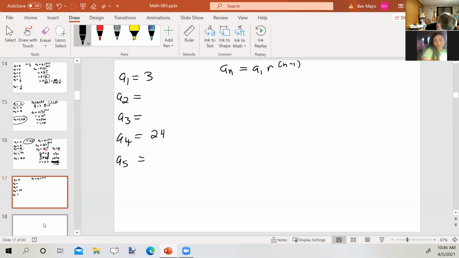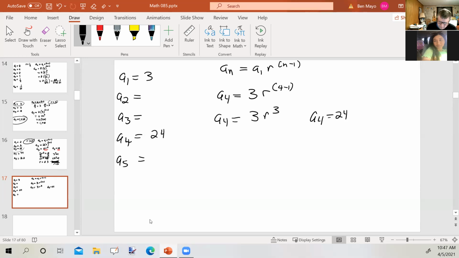However, a sub 4 equals a sub 1 times r to the 4 minus 1 power. So a sub 4 equals 3 r to the 3rd power. 4 minus 1 is 3. Okay. But we also know that a sub 4 equals 24. So a sub 4 equals that, and it equals that. So here's our equation: 3r cubed equals 24.